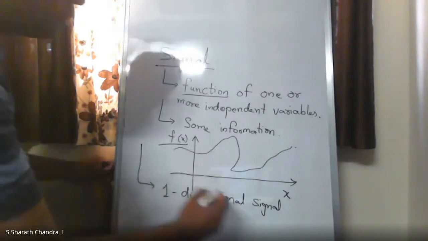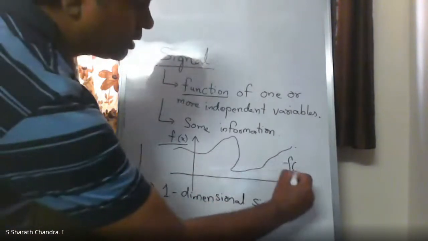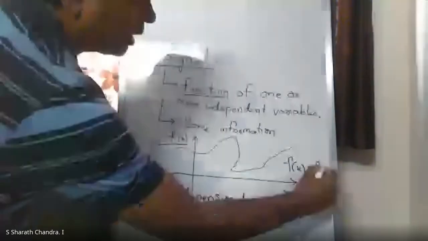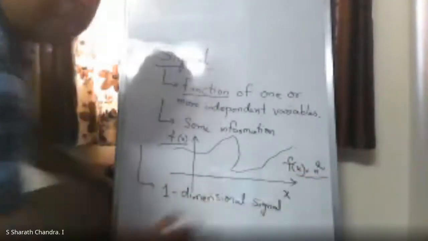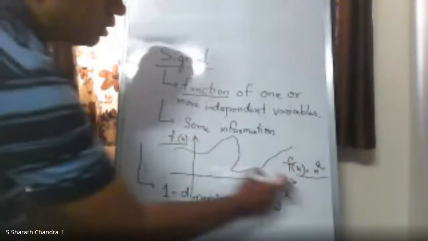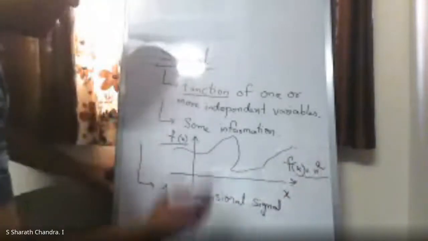So let us consider f of x varying only with respect to x, as f of x equals x square. This signal, or function, which depends upon x and is represented as x square, I call a one-dimensional signal.